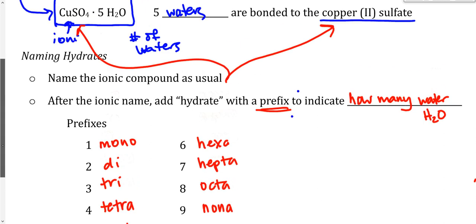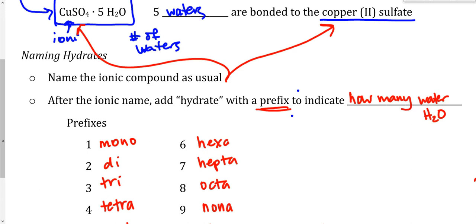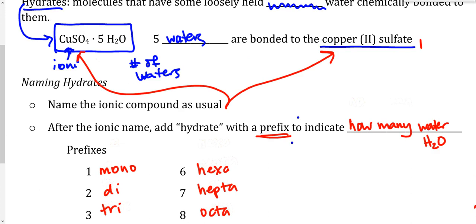So if we go back up to this one, it has 5 waters. So this would be copper 2 sulfate pentahydrate. And usually that's one word, but I ran out of space.